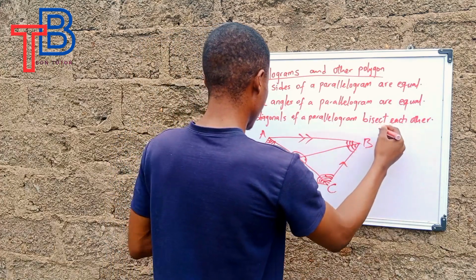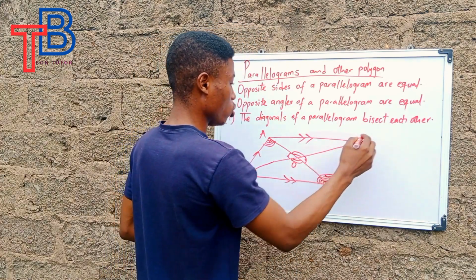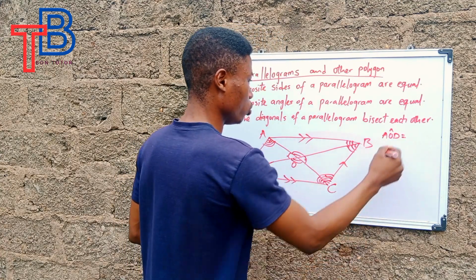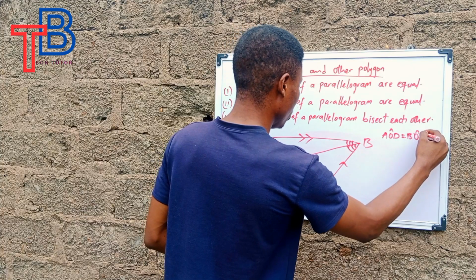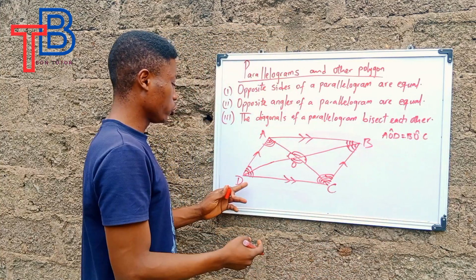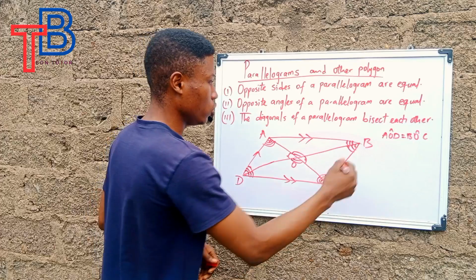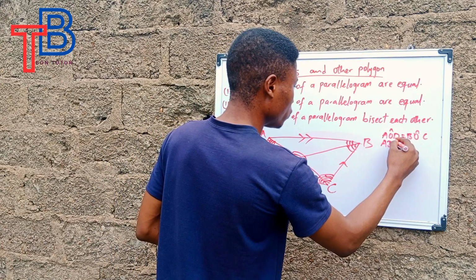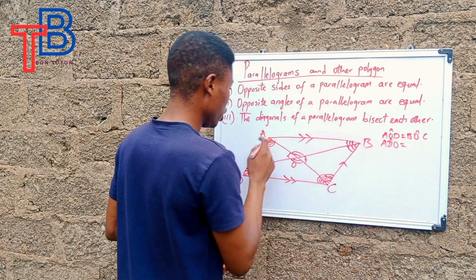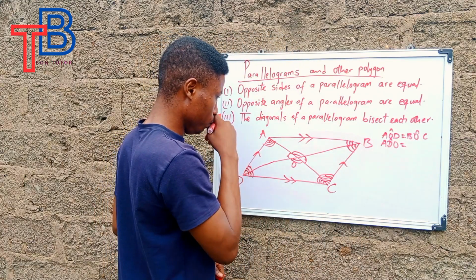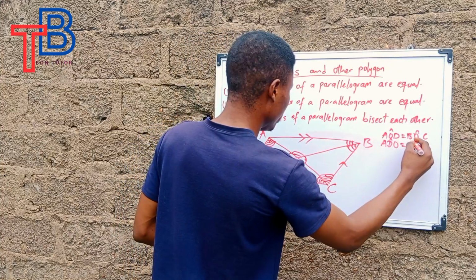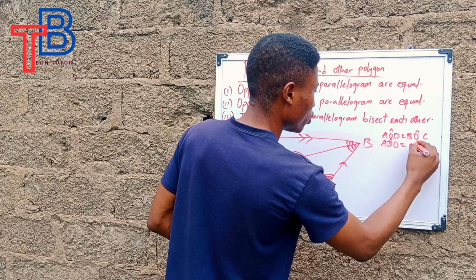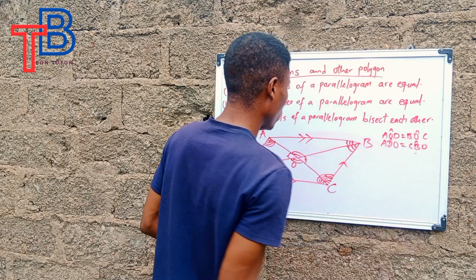That is, let's call this point O. You have your AOD to be equal to BOC rather, and also you have your ADO to be equal to CBO, sorry, to be equal to CBO.